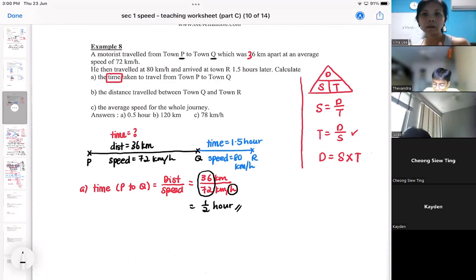So in my working, I will state the units so that I will be sure what unit I'm getting. So when I get the half, I'm getting it in terms of hours. I'm not getting it in terms of minutes or seconds.